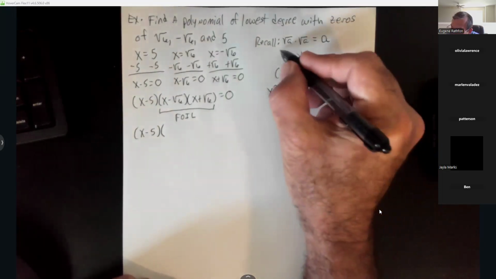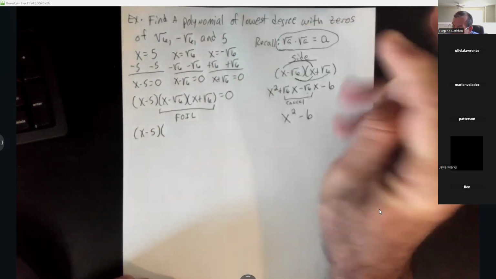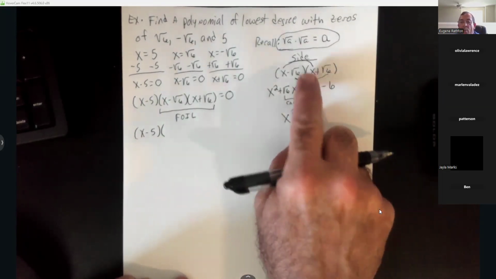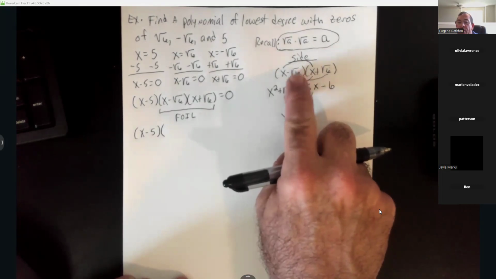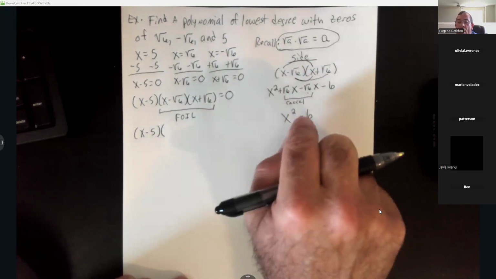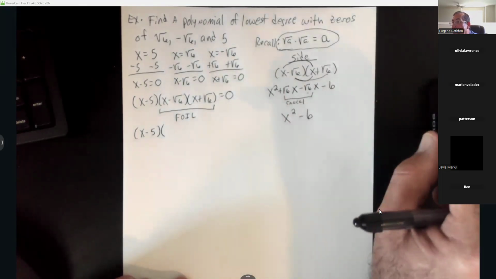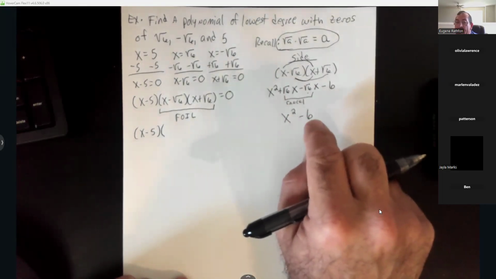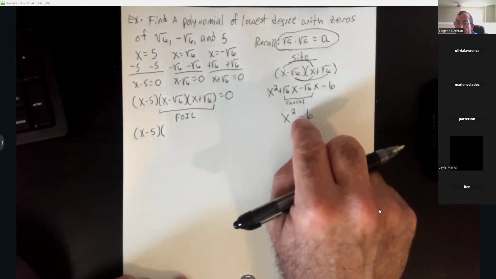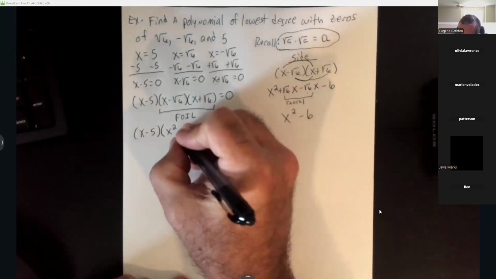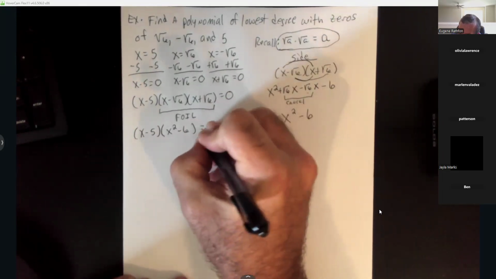So just remember that little property there, okay? Now, when you FOIL conjugate pairs of radicals, they always end up minus. So that i stuff ended up positive, the radicals will always end up negative. All right, y'all, so I'm going to put that here, x squared minus 6.